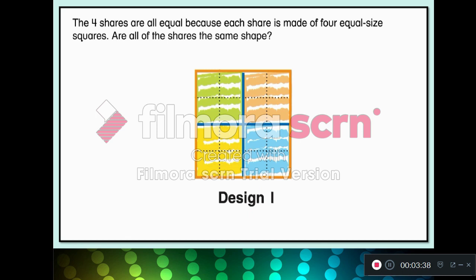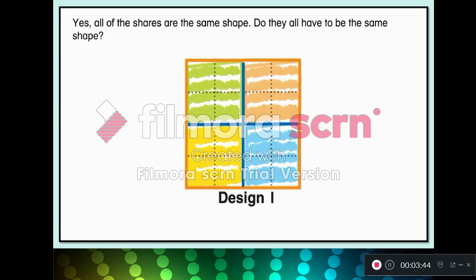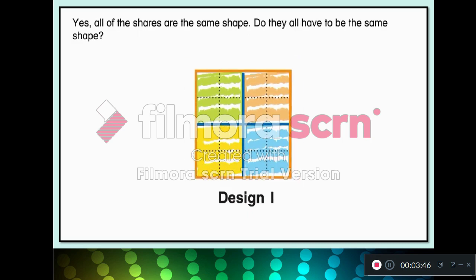Are all of the shares the same shape? Yes, all of the shares are the same shape. Do they all have to be the same shape? No, but the shares all must be the same size because they are equal shares.